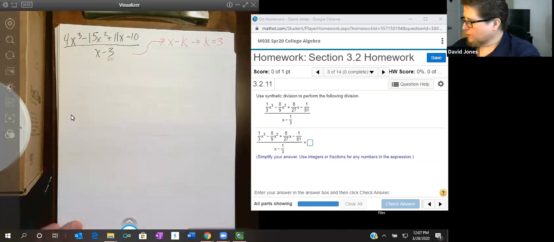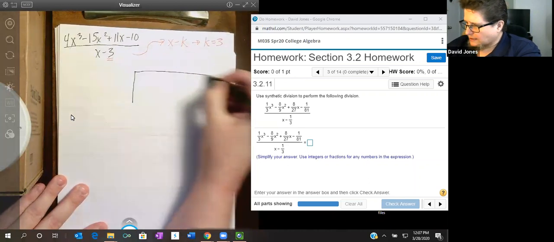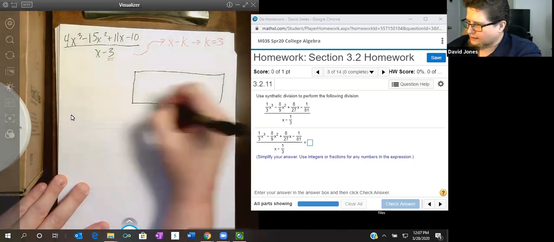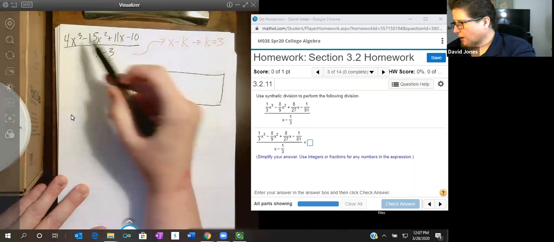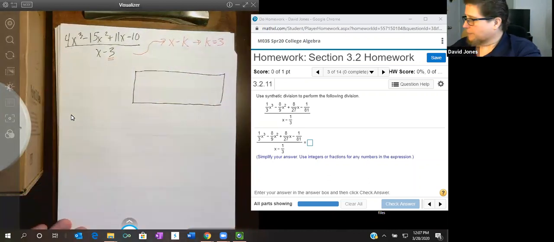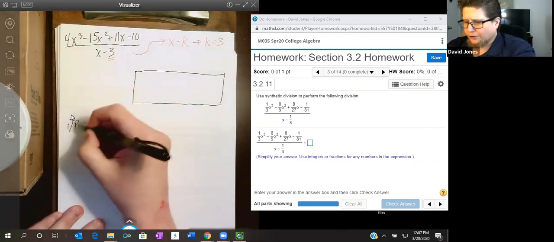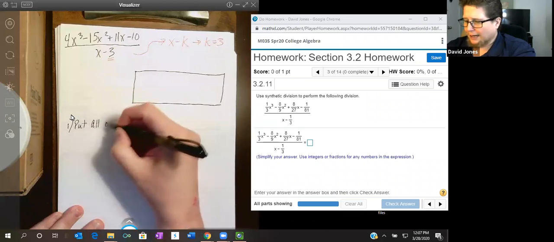What we're going to do is we set up a box. I'll write this down as I'm doing it. So step 1, put all of your coefficients in the top row of the box.